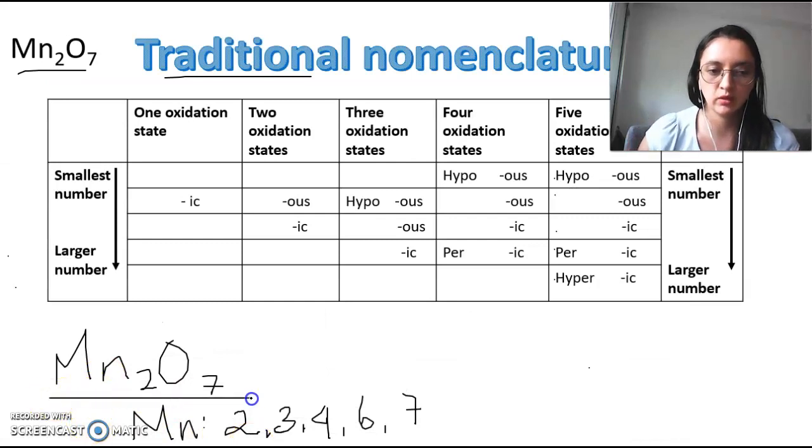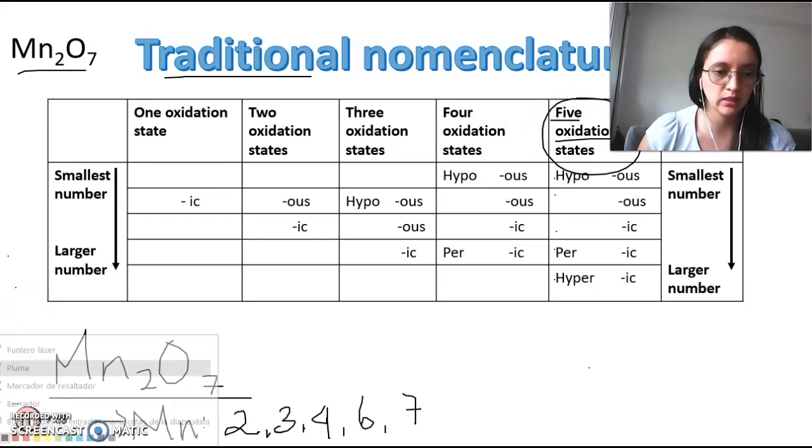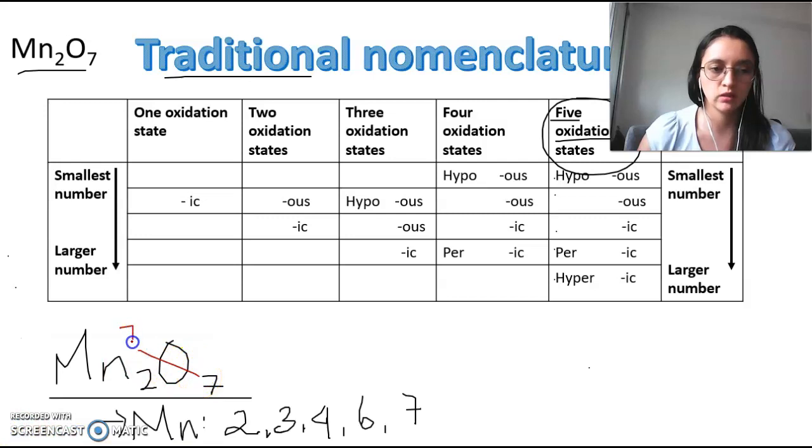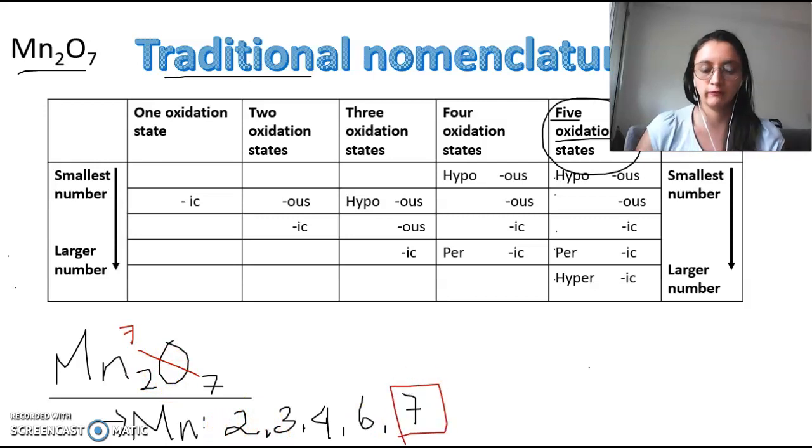I have my compound. First thing, I go to the periodic table and check the oxidation states. It has a total of 5 different oxidation states, which means this is the column that I'm going to use as a guidance, because my element has 5 oxidation states. I determined the oxidation state of this particular compound and found the manganese is 7, which means it is using the highest oxidation state of all of them.